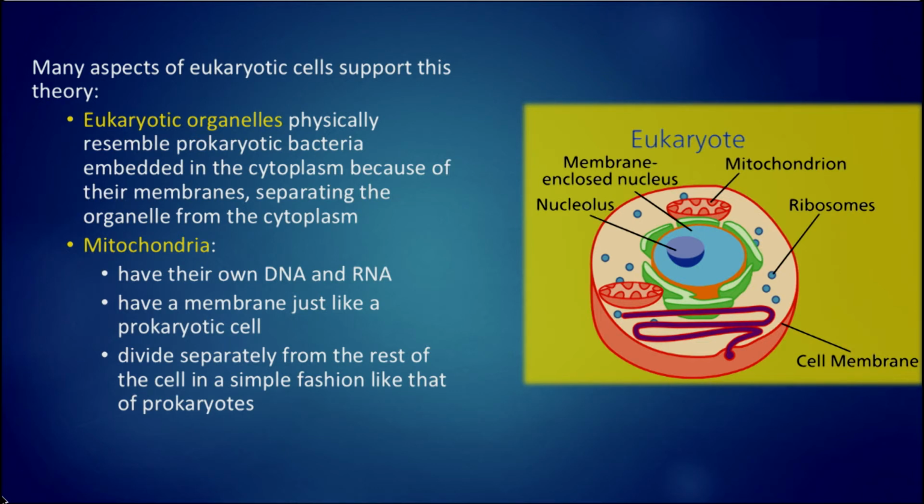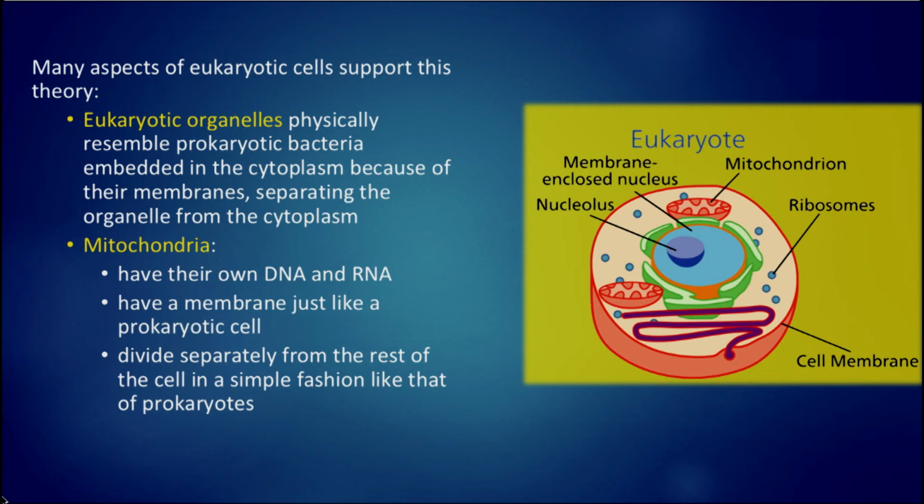First, eukaryotic organelles physically resemble prokaryotic bacteria embedded in the cytoplasm because of their membranes separating the organelle from the cytoplasm. Also, mitochondria have their own RNA and DNA, and they have a membrane just like a prokaryotic cell. They also divide separately from the rest of the cell in a simple fashion like that of prokaryotes. So this theory hangs together.